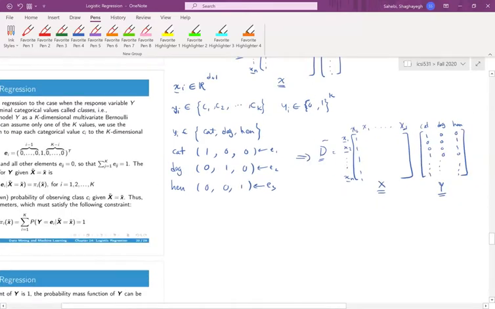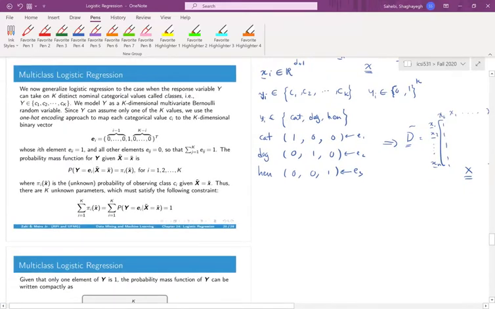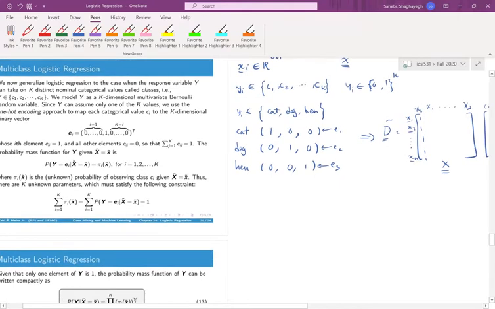Now, how are we going to do something similar to binary logistic regression in the multi-class case? We are going to use an idea that is similar to the sigmoid. So again, what we are trying to do is find the probability that our yi is from class Cj.